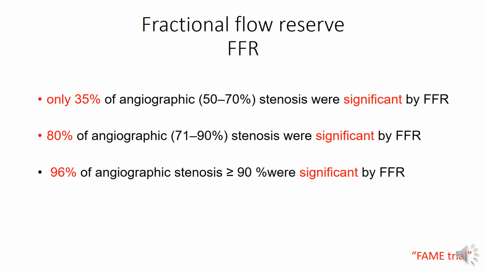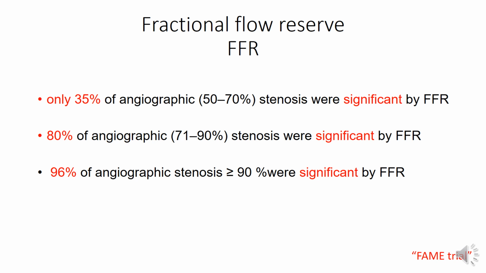Of lesions 50 to 70% by angiography, which is a moderate lesion, only 35% become significant when we have FFR measurement of such a lesion. On the other hand, lesions of more than 70 to 90% by angiography are in 80% of cases also significant by FFR.